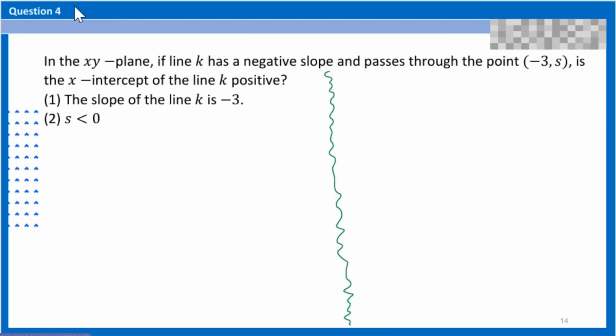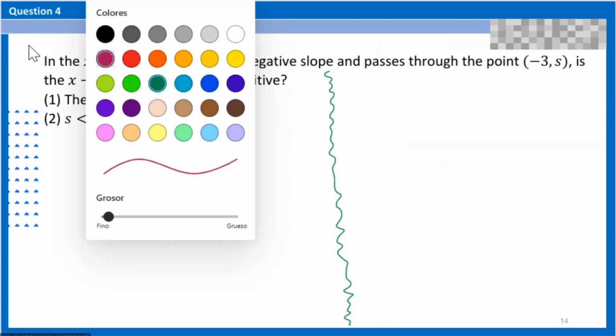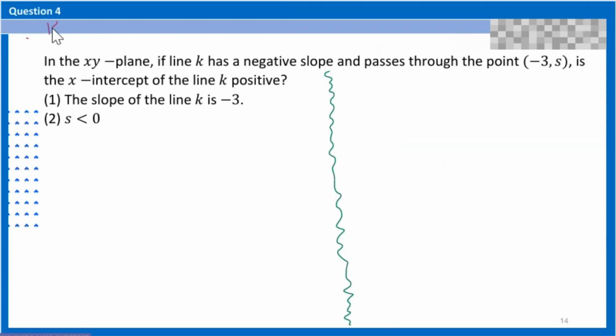What is a line on the plane represented with? A linear equation with two variables of the form y equals mx plus b. Telling you that line K has a negative slope means that m is a negative number.